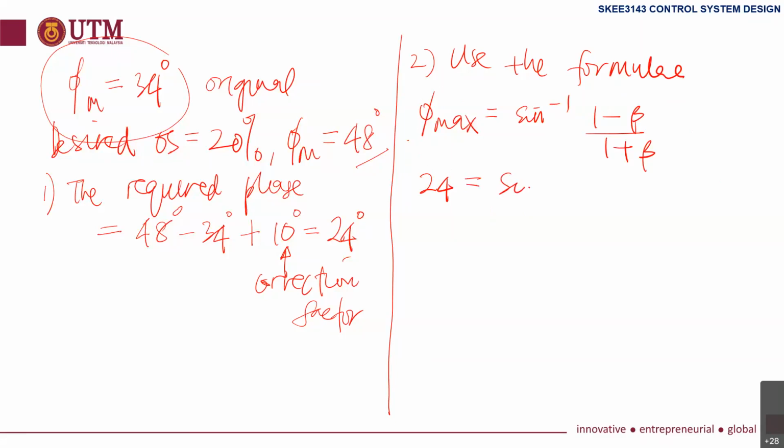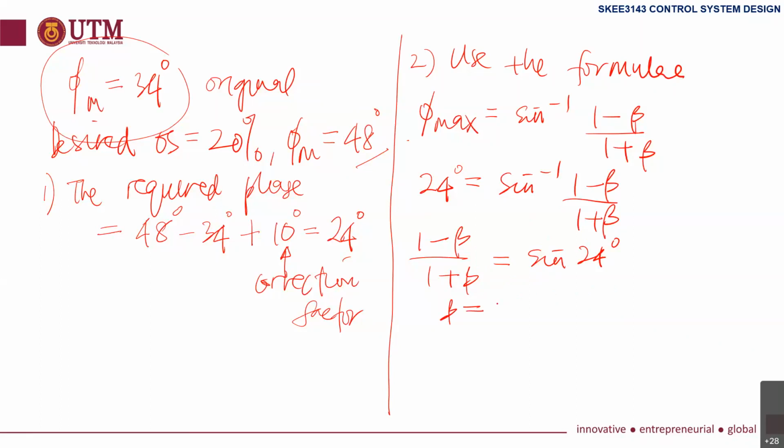Then, of course, we can solve for beta. (1 minus beta) over (1 plus beta) equals sine 24 degrees.